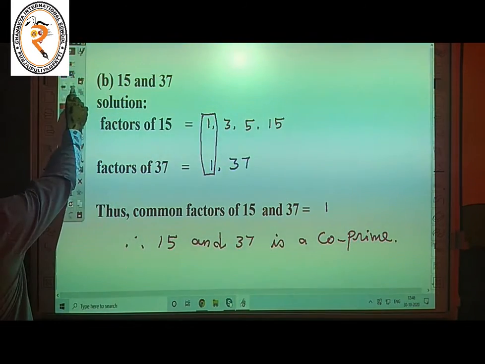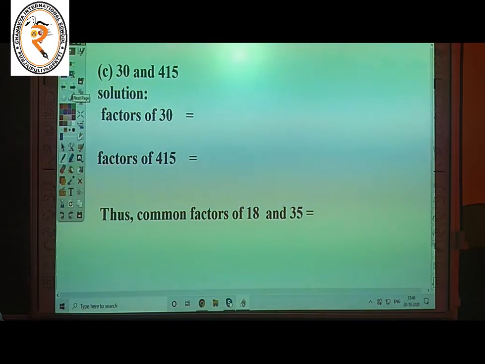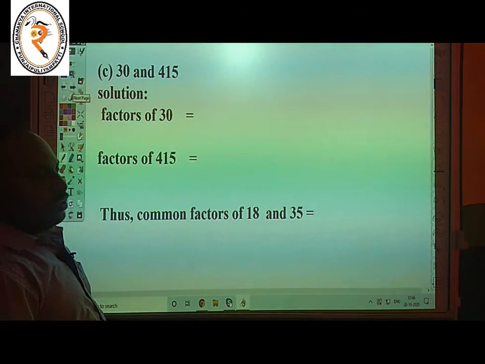The next one, C part, 30 and 415. Here also we want to check for co-prime.